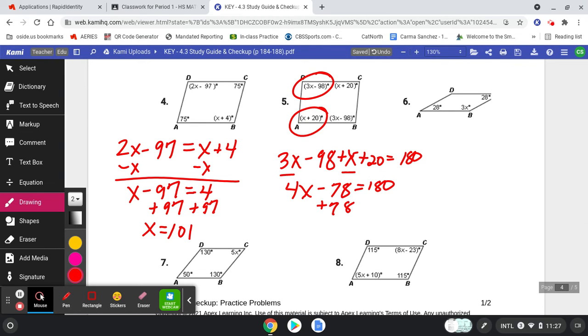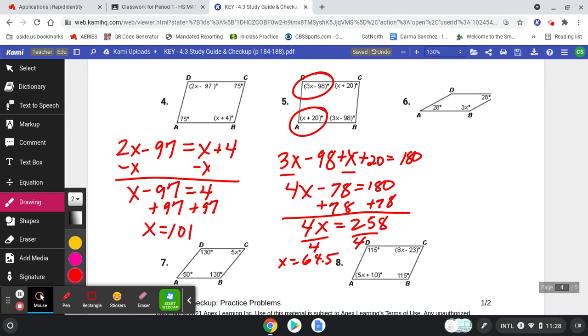We're going to add 78 to both sides. Let's do that on a calculator just to be safe. 180 plus 78, getting 258 divided by 4. I'm getting that x is equal to 64.5.